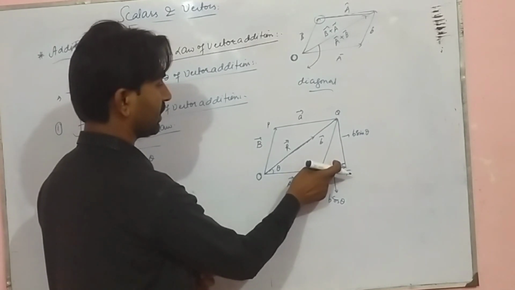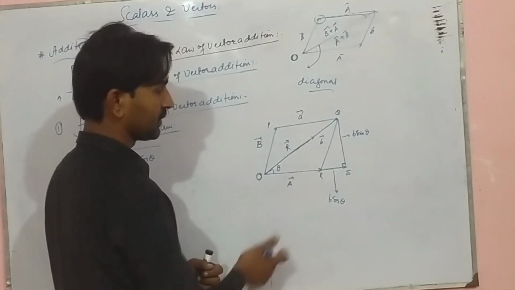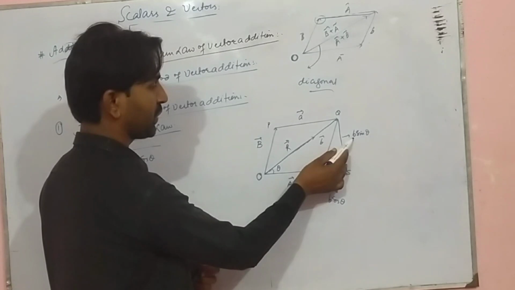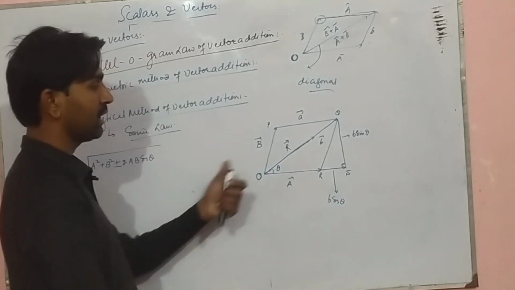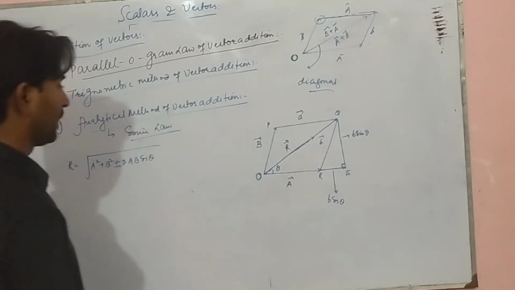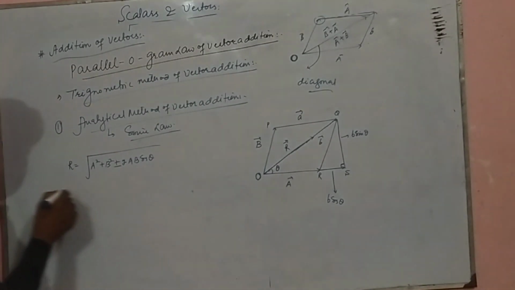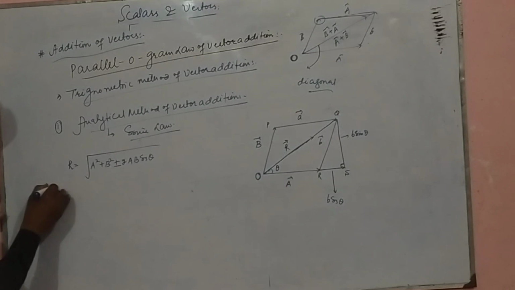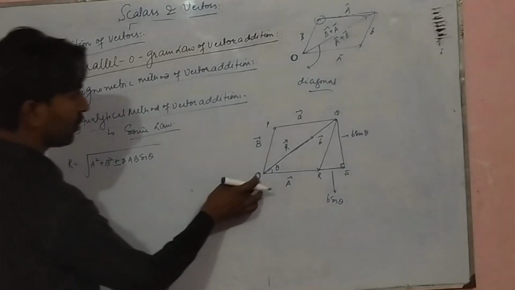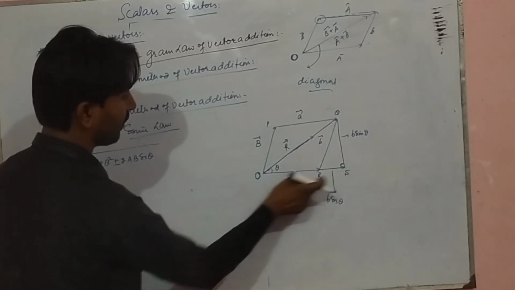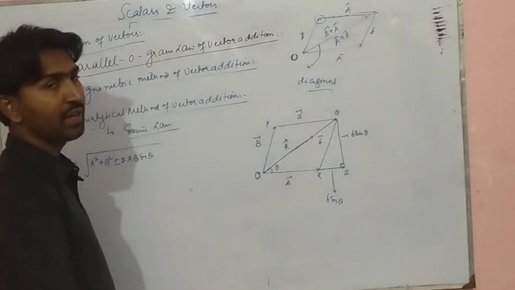If this is a right angle triangle, this will be the hypotenuse, this will be the perpendicular, and this will be the base. If we apply the Pythagoras theorem, we are proving this equation. Let's say O, Q, S and O is a closed triangle.